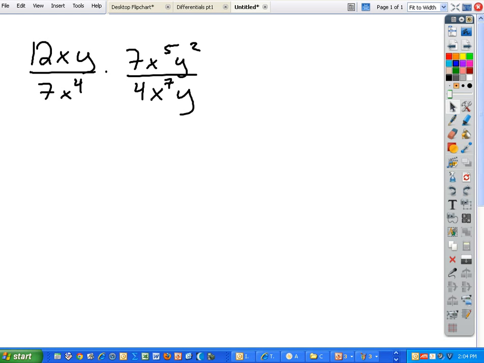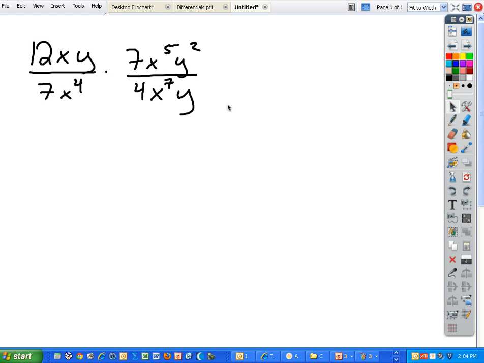If we're going to simplify this thing, there's a lot of ways you can do it. I would recommend multiplying straight across the top and straight across the bottom, and then simplifying vertically, with the exception of the numbers. Sometimes with the numbers, if we were to do that, we would end up with 12 times 7, which is 84 on the top, 28 on the bottom, and 84 28ths is a big fraction to simplify, right?